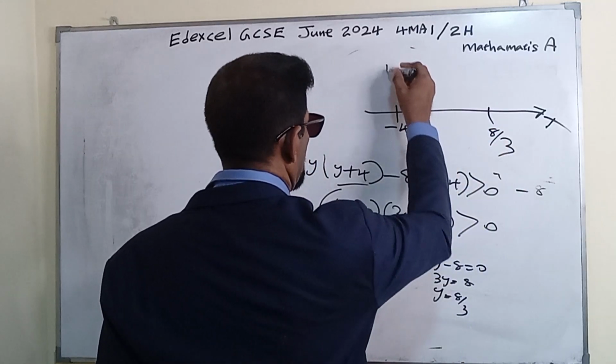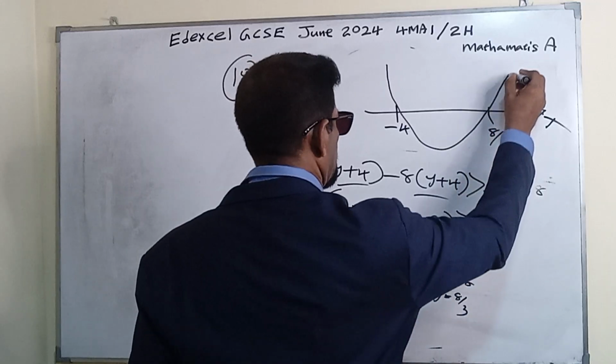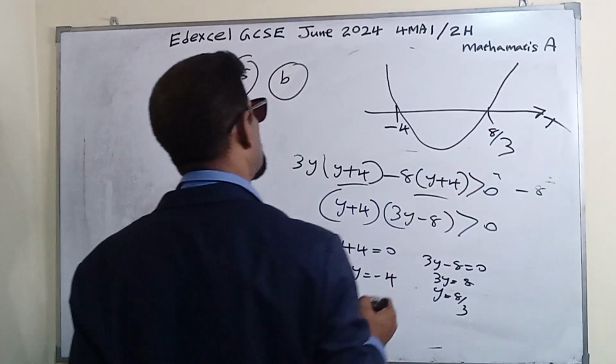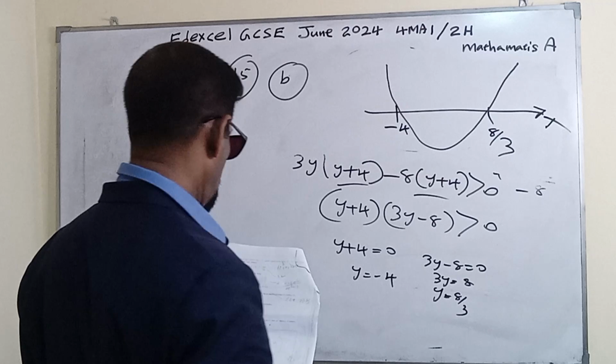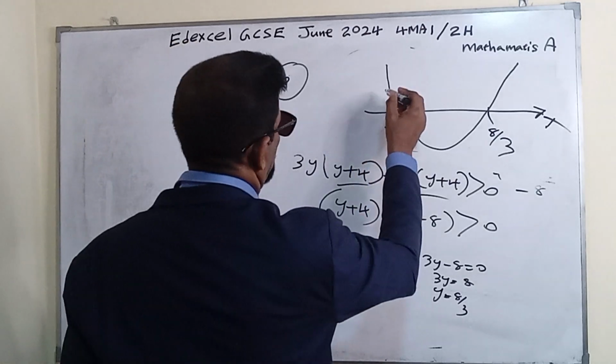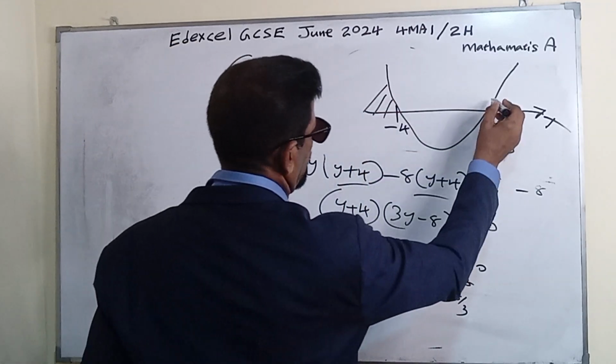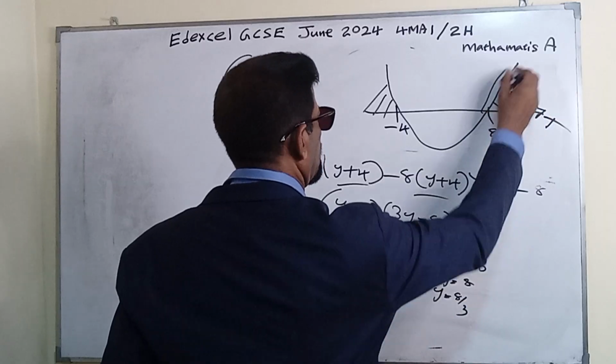So the minimum graph will look like this graph shape. So greater than 0 means that position, that part is greater.